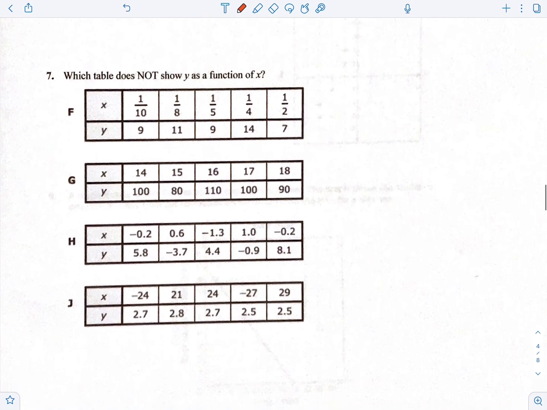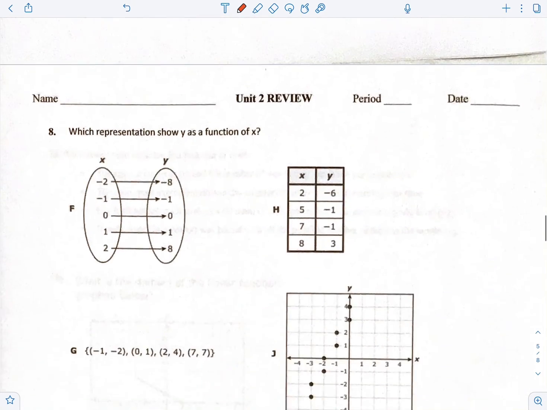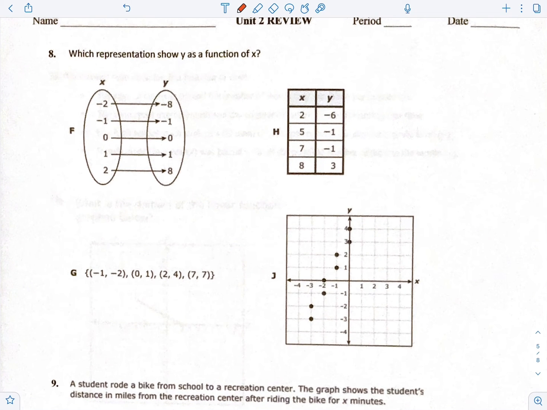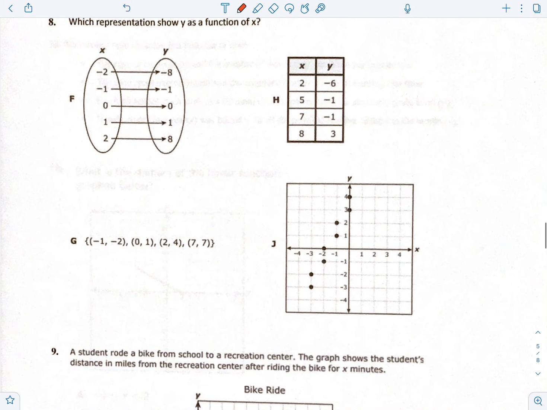Number 7. Which table does not show y as a function of x? Which one shows the x repeating? Looks like it's here, the negative 0.2s. So that's H. Number 8. Which representation shows y as a function of x? Which one shows basically where y is not repeating?